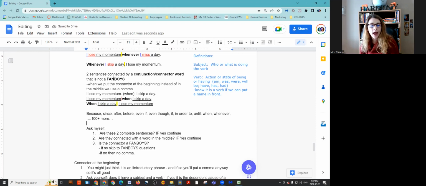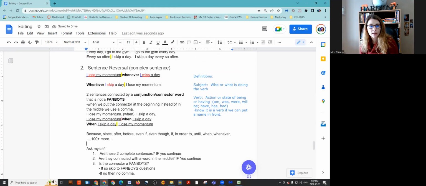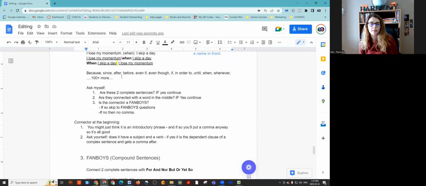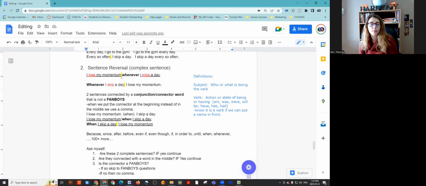So when we have something with a connector word, we ask ourselves, first of all, are they 2 complete sentences? Does it have a subject? Does it have a verb? And here's the definitions of subject and verb, just to remind you. Does it have a subject? Does it have a verb? So we have 2 complete sentences.